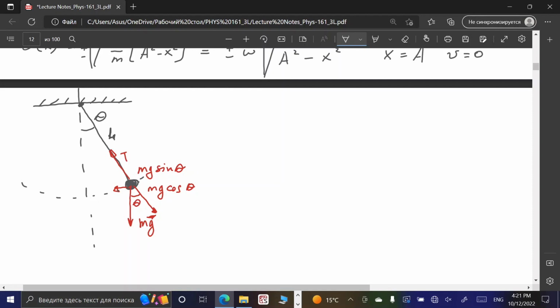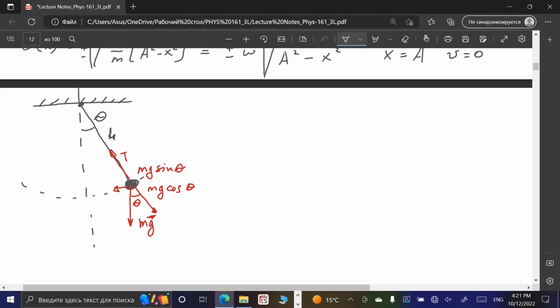And as you see here, the driving force, which moves this pendulum, is this component of the weight of the block. So it will be mg times sine theta. So this is the driving force, which keeps this oscillation of a mathematical pendulum.